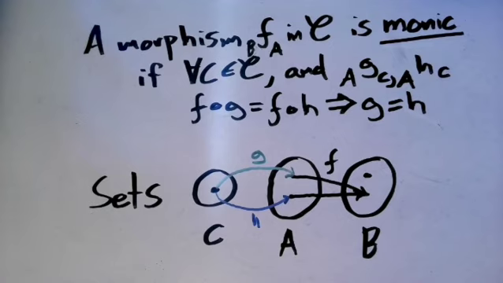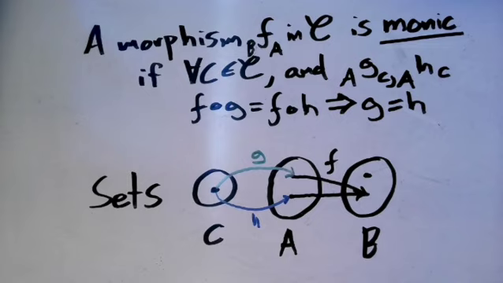Conversely, a morphism F from A to B in a category C is called monic if for all objects C in C and morphisms G and H, which both go from object C to object A, we have that F is left cancelable.